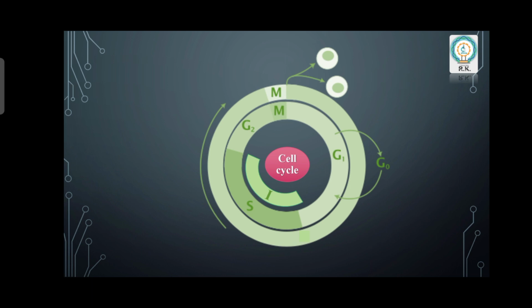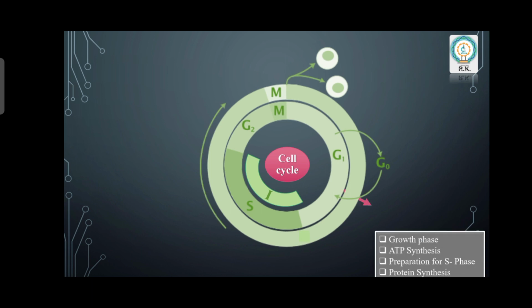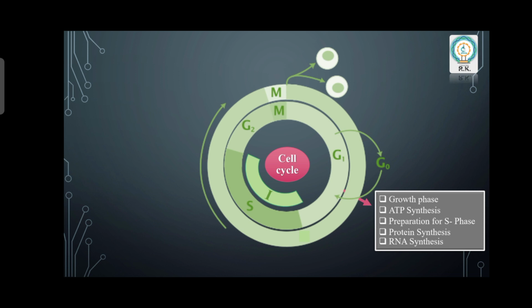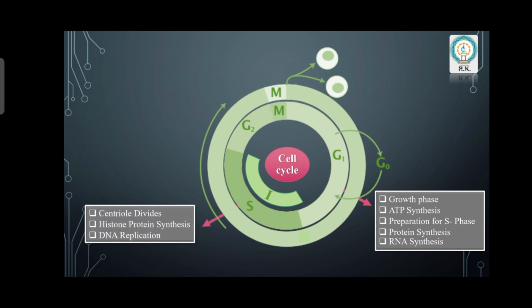Let me give you the idea of what exactly will happen in the G1 phase. It is the growth phase where ATP synthesis, preparation for S phase, protein synthesis and RNA synthesis will occur. In S phase, the centriole will divide, histone protein synthesis will occur, which is basically DNA packaging proteins, and DNA replication will occur.